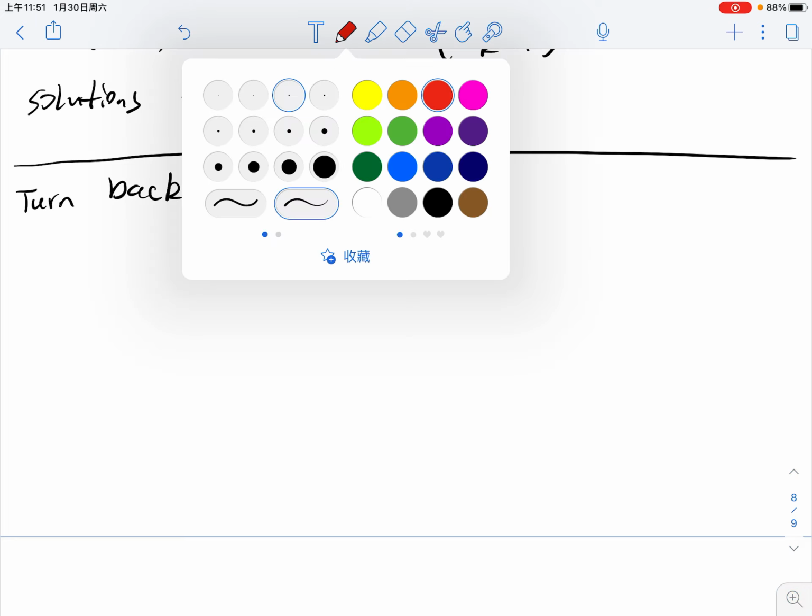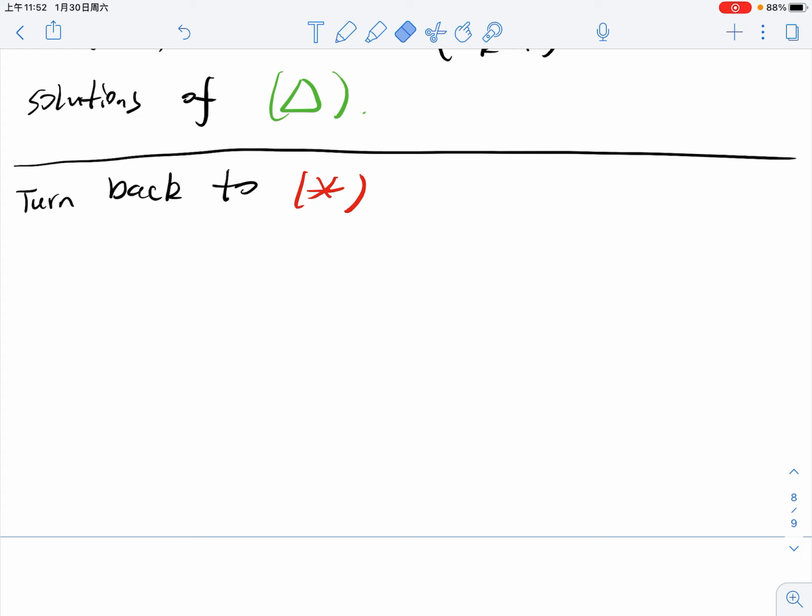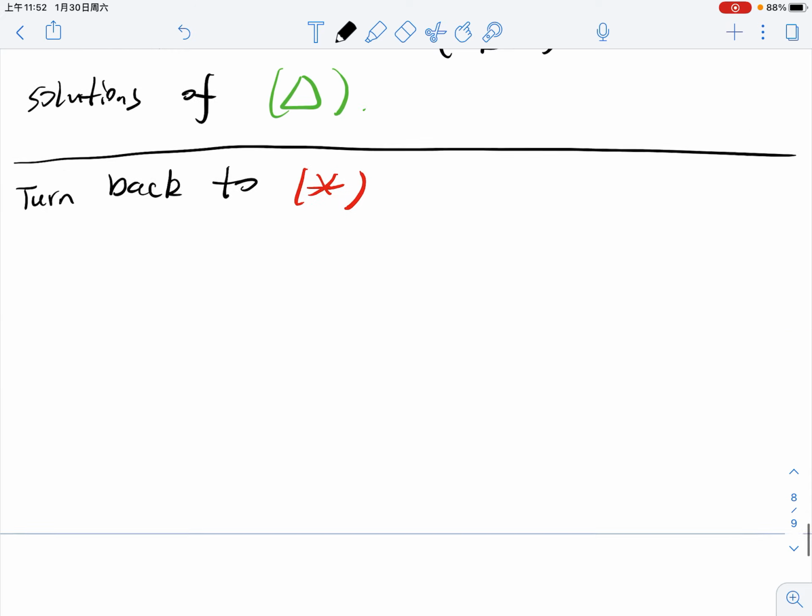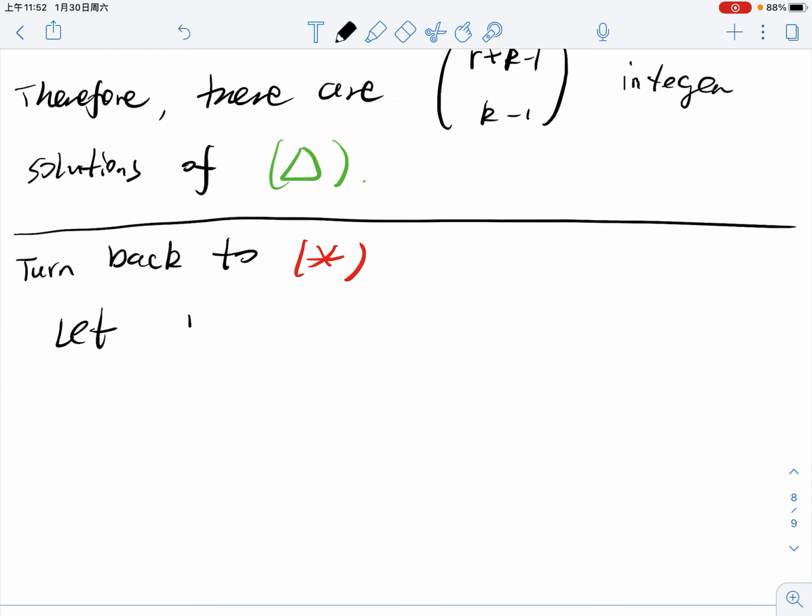So if you compare the difference between star and triangle, you'll find the only difference is that for the x case, we require x to be non-negative integers. And for the second case, the delta case, we require y to be positive integers. So let yi be xi plus 1, for i from 1 to k.